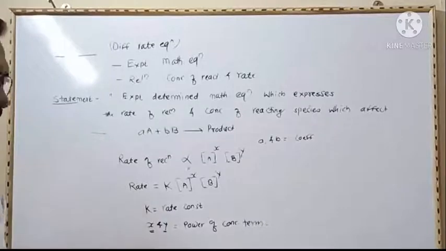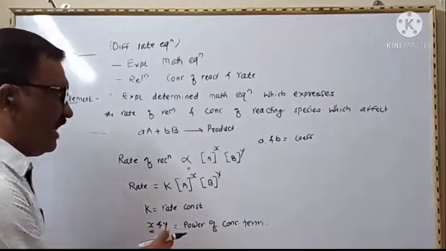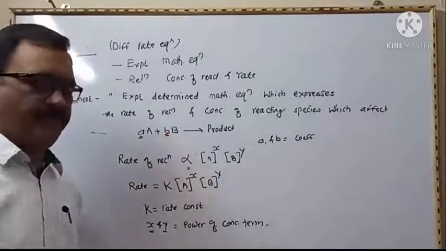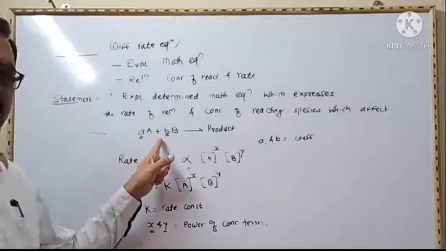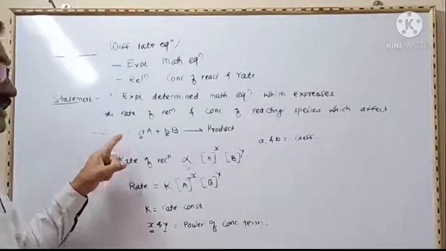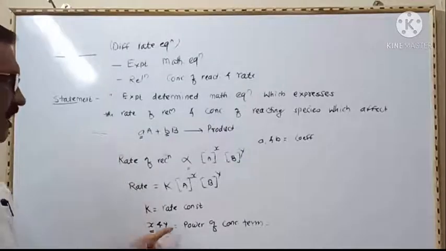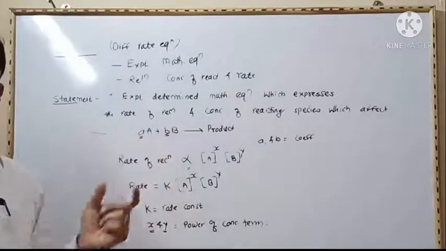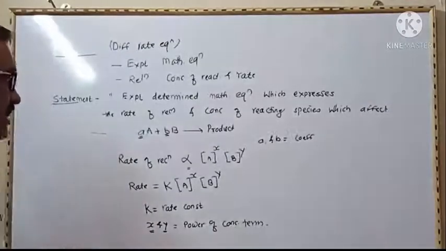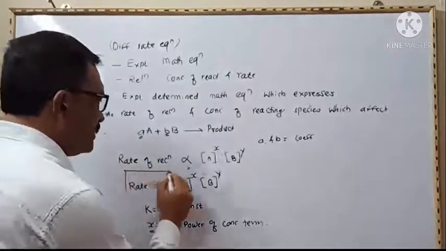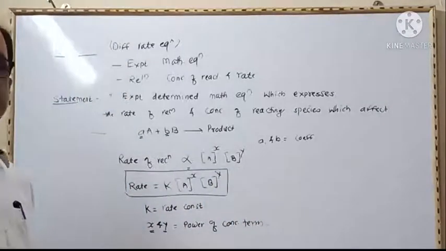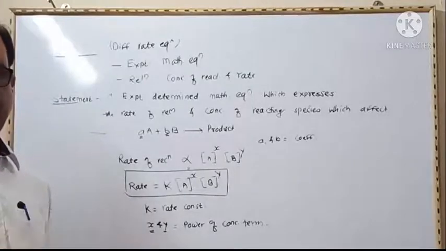It is not necessary that x and y be equal to the coefficients a and b. a and b are the coefficients of the balanced chemical reaction, and hence it is not necessary that x and y must be equal to a and b. Sometimes they may be equal, but it is not necessary. This equation is known as the rate law equation or a differential rate equation.